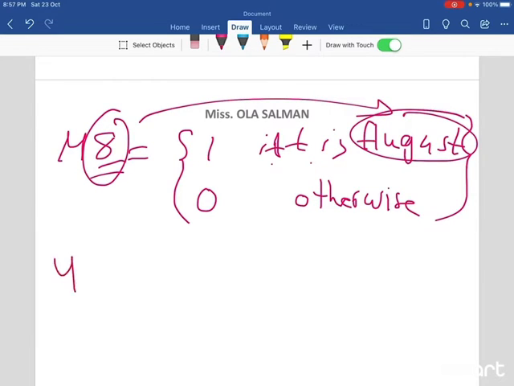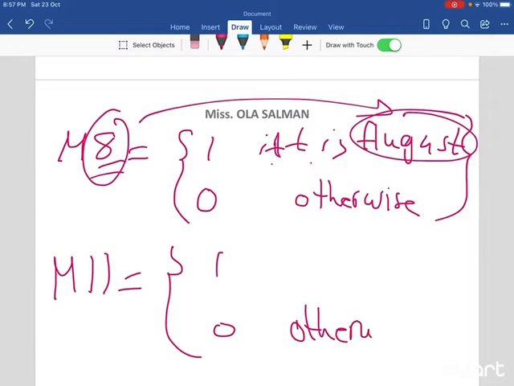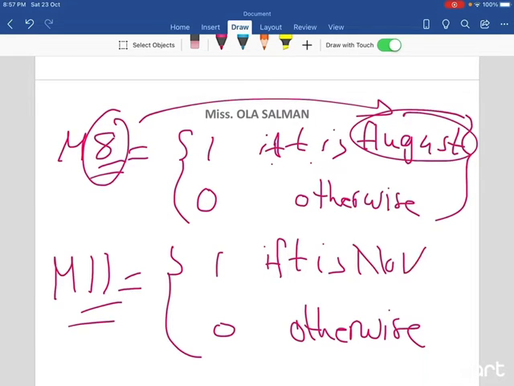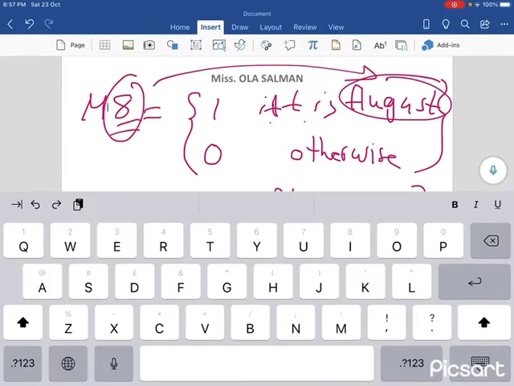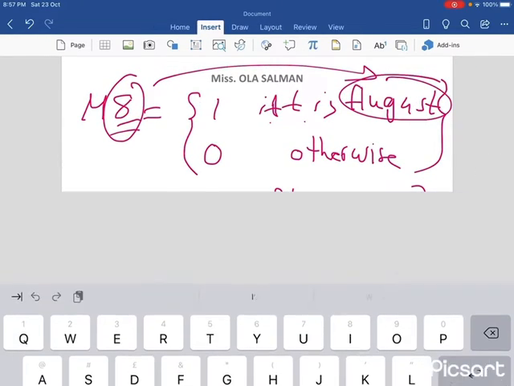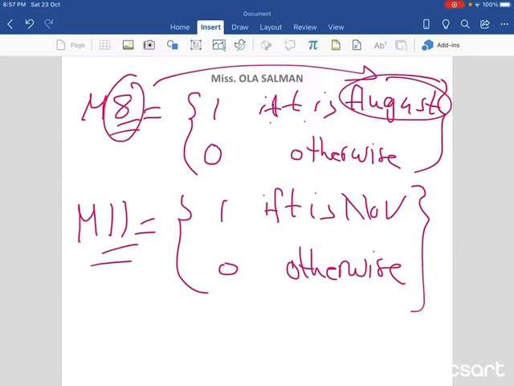Then you write M11, it's the same: 1 if the month is 11, November, and 0 otherwise. This is how you will define the dummy variables and write them.